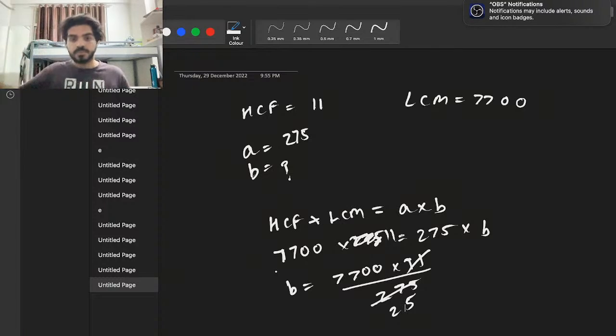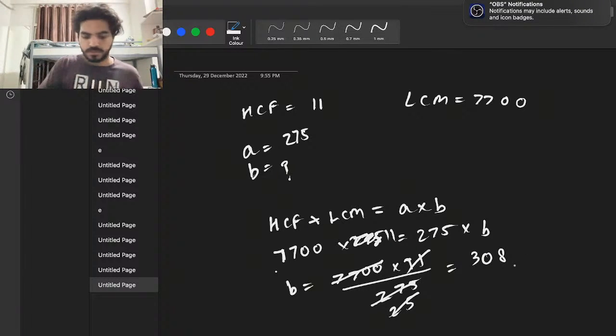This will be 77 into 4, 308. So B will be 308.